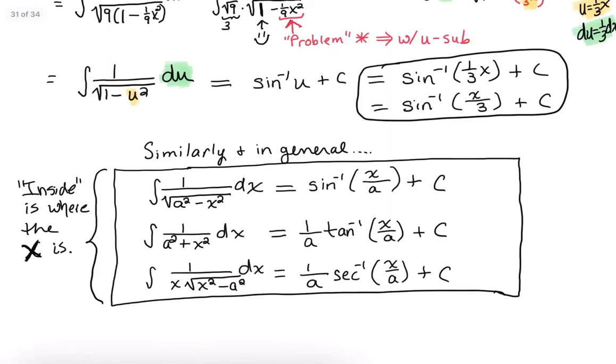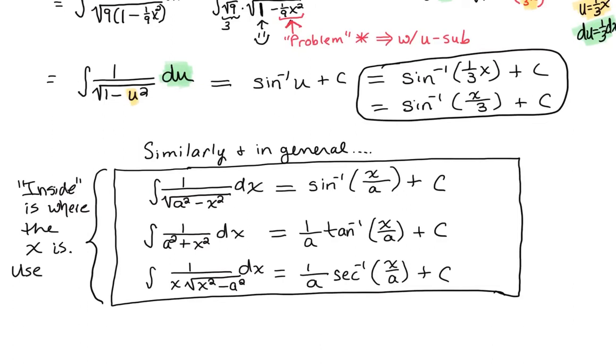If it's not one of these formulas exactly, then it needs a U-substitution where you see that x, kind of like we did in the above example. Even when you have something like this, you're still going to need to know how to do U-substitution. So how can I say this in a concise way?